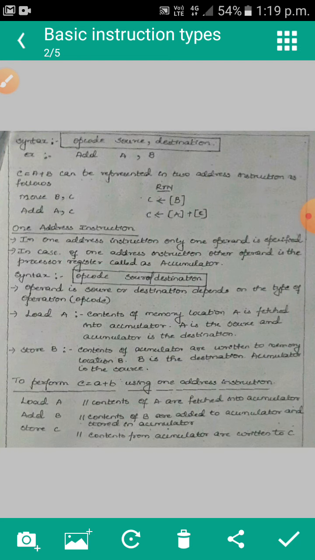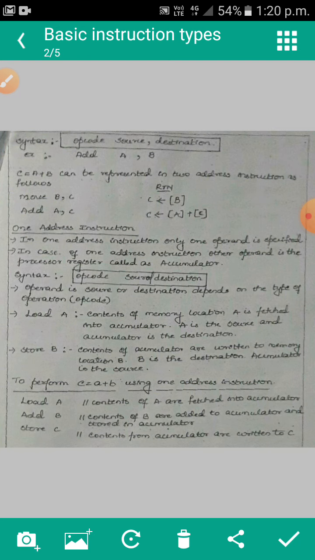For example, in the load operation, load A means the content of memory location A is fetched into the accumulator. I already told you that by default we use another register called an accumulator, and we do not mention it in our instruction.